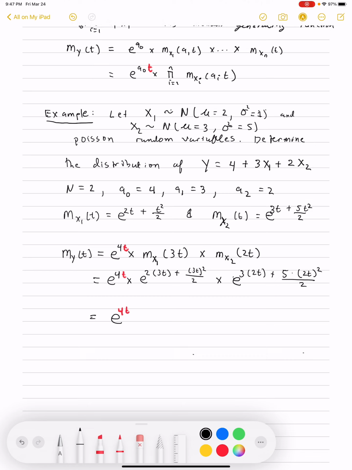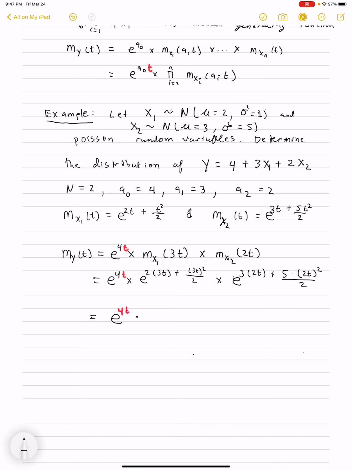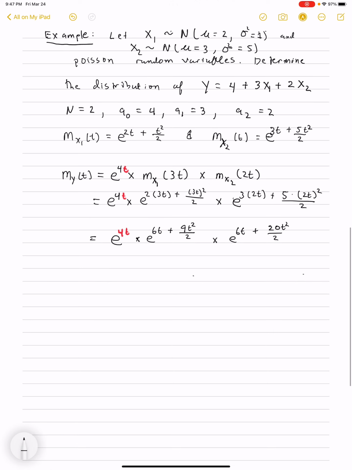Now we multiply by e, just figuring out the composites, so that'll be 6t plus 9t squared over 2, times e to the 6t plus 5 times 4 will be 20t squared over 2. And now we can combine all these terms.